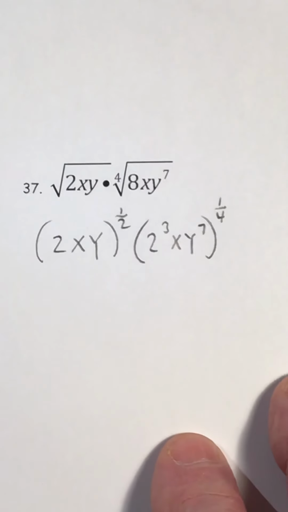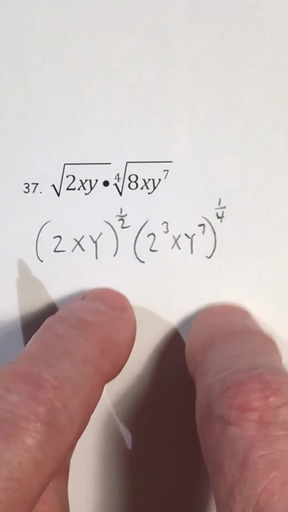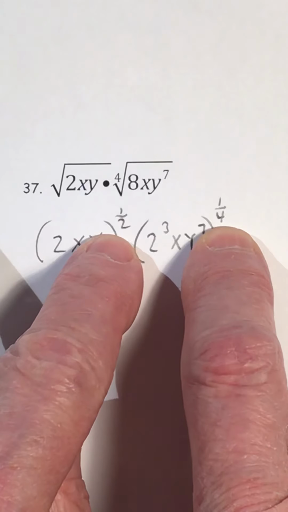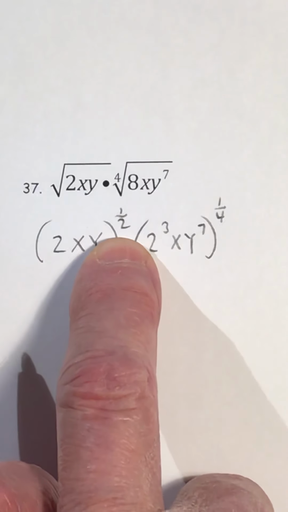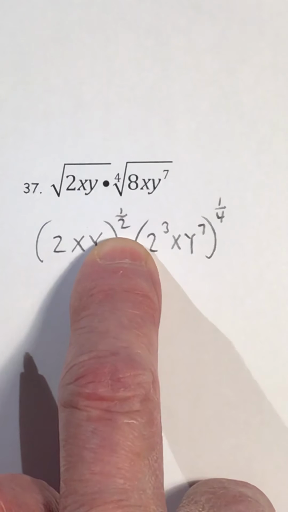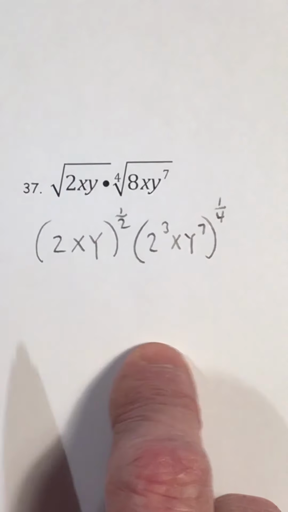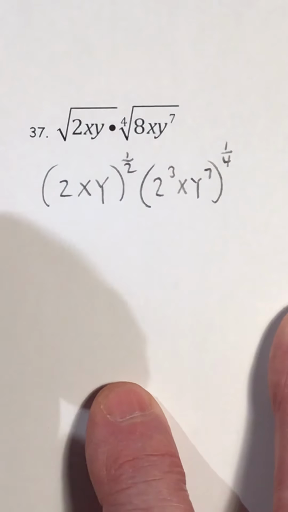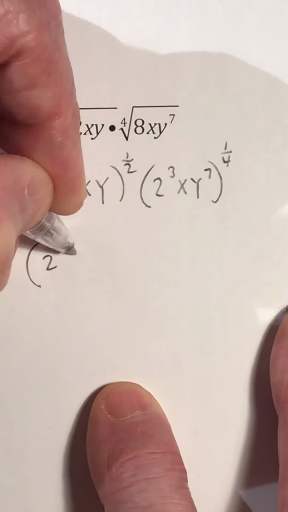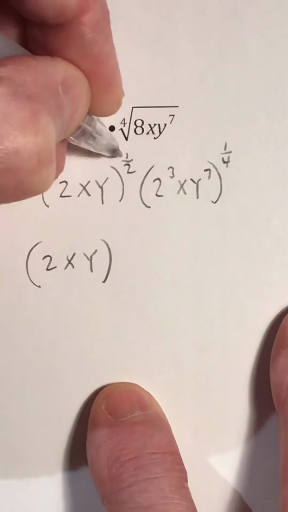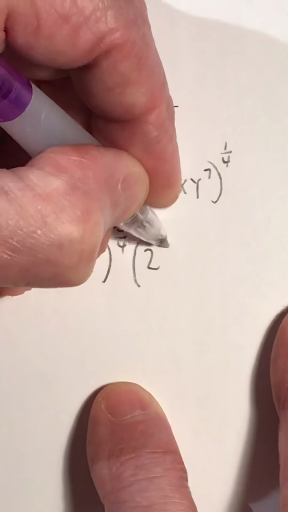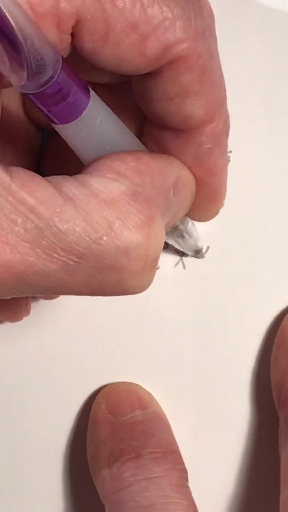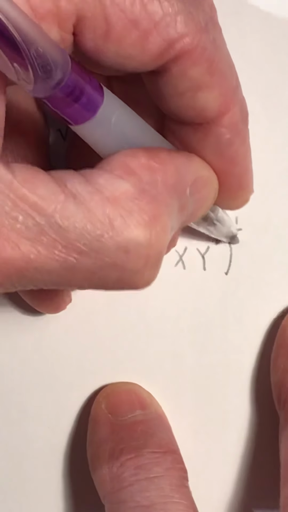Okay. Now, same as the previous, I want to get a common denominator for my fraction exponents. This one's a little easier in that I can change 1/2 to fourths very easily. I can change the 1/2 to 2/4. So let me write this again. Lots of writing. Instead of 1/2, I write 2/4. And over here I got 2 to the 3rd, x, y to the 7th, 1/4.